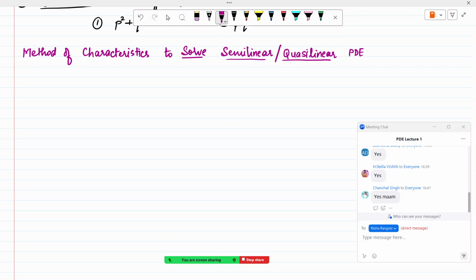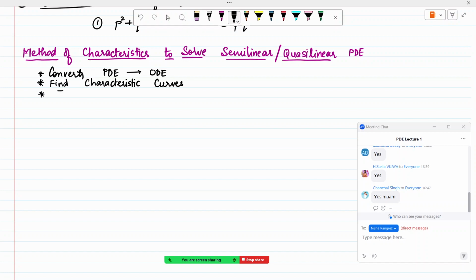What this method does is convert the PDE into the ODE and find the characteristic curves. Initially, you will get the general solution, but the minute you apply the initial conditions, you will get the particular solution.